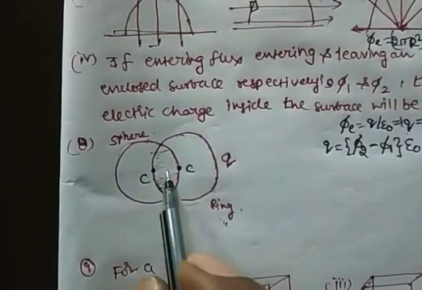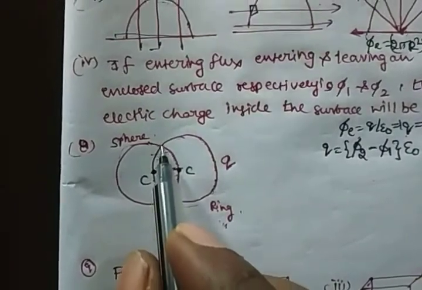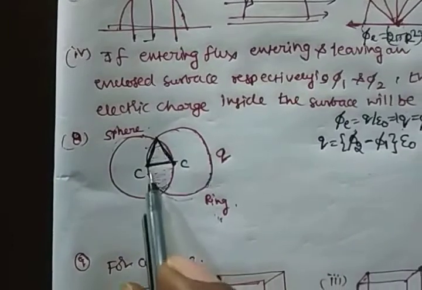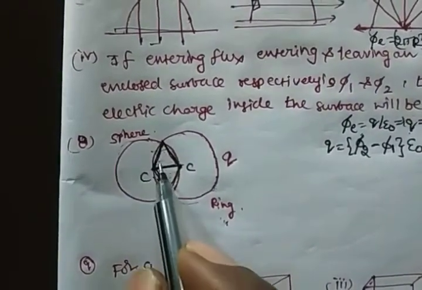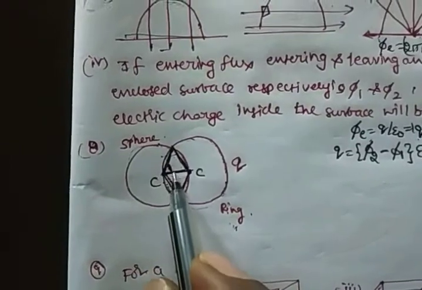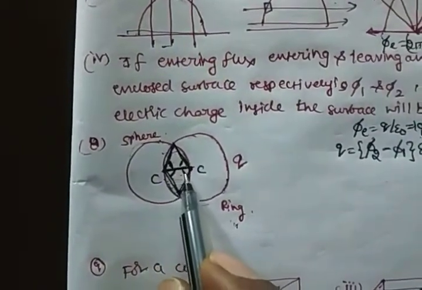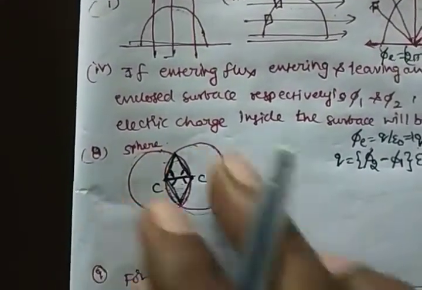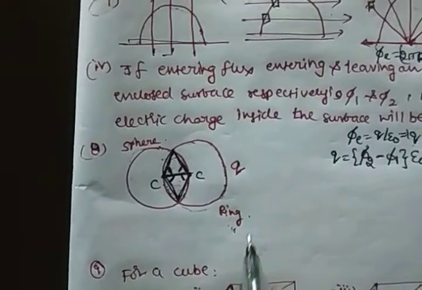When we draw the centers, you can draw an equilateral triangle like this. So here this is 60 and this is also 60, or not? That means out of the total circle of 360 degrees, only 120 degrees is occupied.